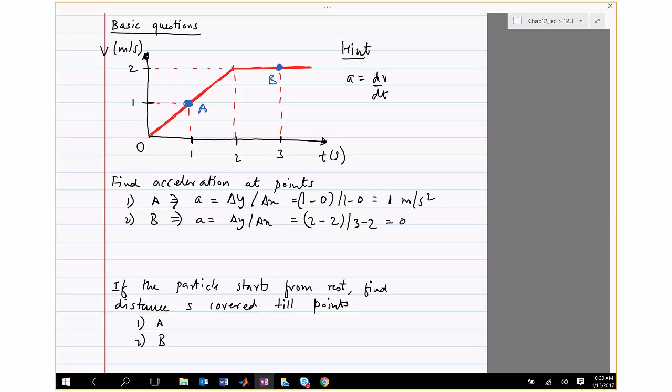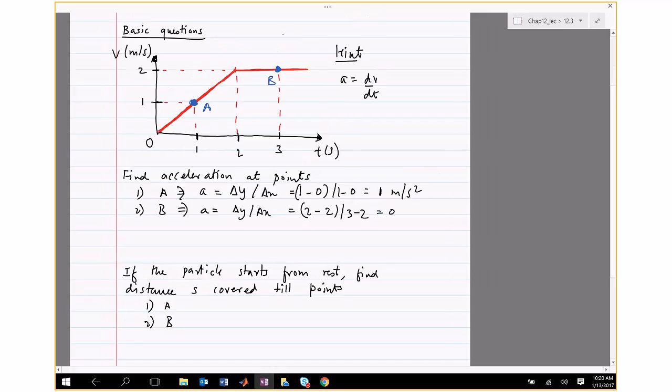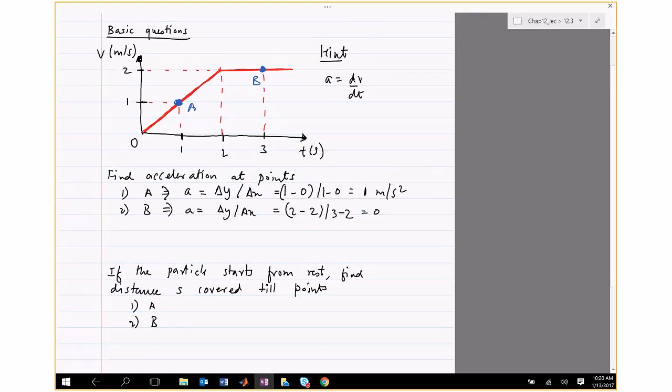Okay, now can you find the distance covered? Assume that the particle starts at rest at time t equals 0. Can you find the distance the particle moves from 0 to A? And then can you find the distance the particle moves from 0 all the way to B?